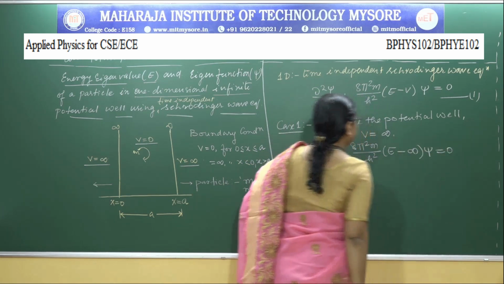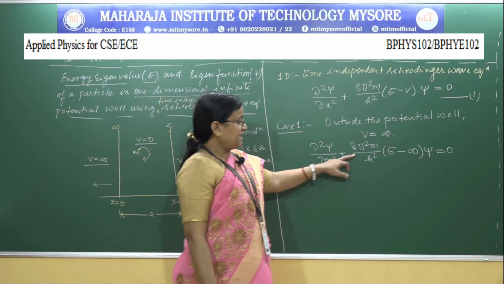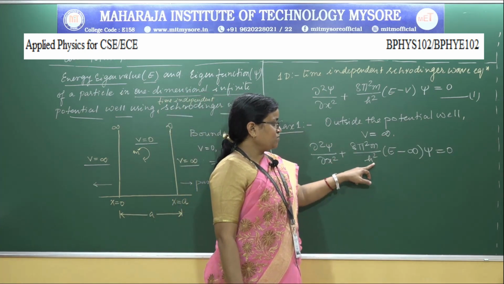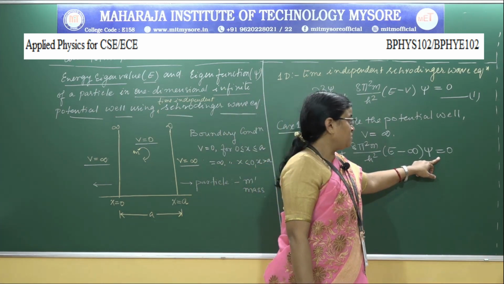Dou square psi by dou x square plus 8 pi square m by h square into E minus infinity psi is equal to 0.